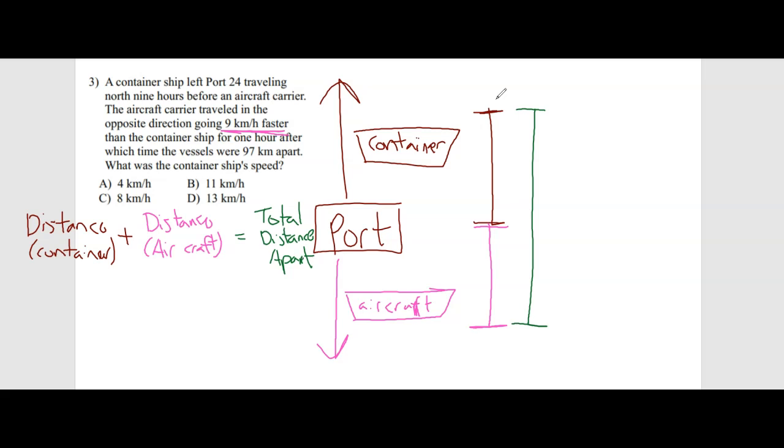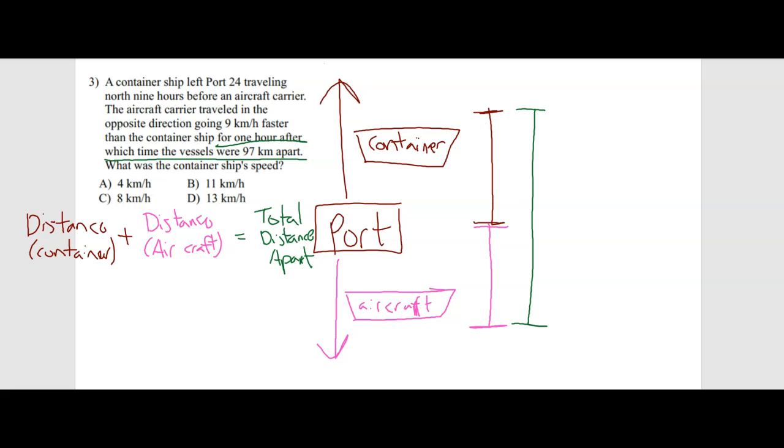Okay, so it's set up similar to number 1. The problem is they give us different pieces of information. So the distance of the container ship. We know that it leaves 9 hours before the aircraft carrier. Okay, so it has a 9-hour head start. And we know that 1 hour after the aircraft carrier leaves, the vessels are 97 kilometers apart.